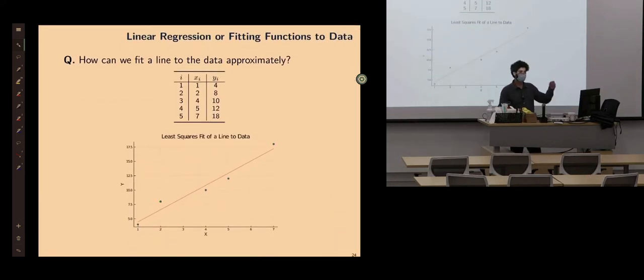However, we can fit a line approximately. That means a line that captures the trend in data, right? Not necessarily literally goes through them, but it explains the trend, and then we settle for that, and that's usually a good model.